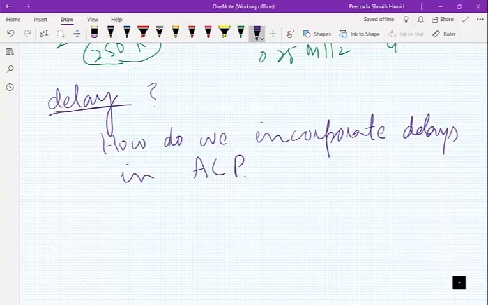But since we have not discussed timers yet, we incorporate delay by doing some sort of useless thing which has no objective. For example, if you remember correctly, we have an instruction known as NOP, no operation. It does nothing, but it wastes CPU time. How much time? Only 0.1 microseconds, because the CPU needs only 0.1 microsecond to execute this instruction.